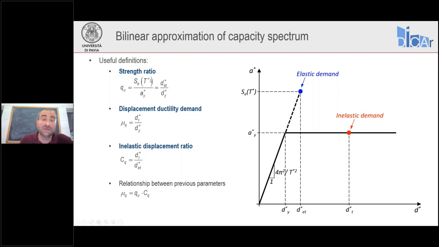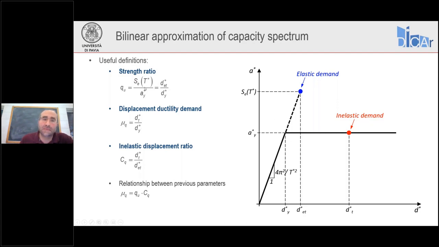You see SE of T star divided by A star Y, or equivalently, because we are still in the elastic world, we can take the ratio between the elastic displacement demand, D star ET, which is directly related to SE of T star, and the yield displacement.